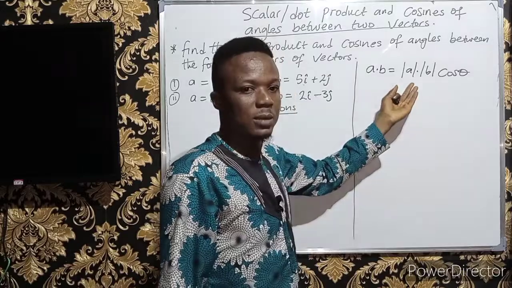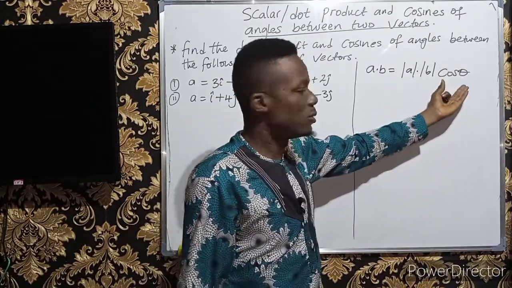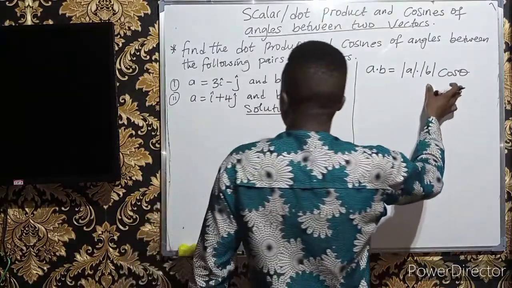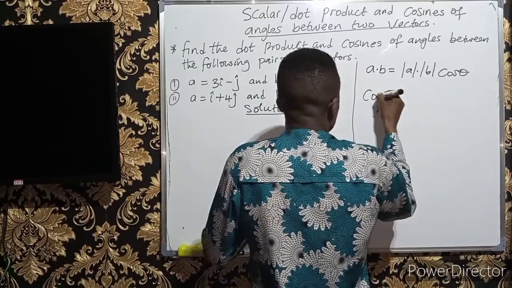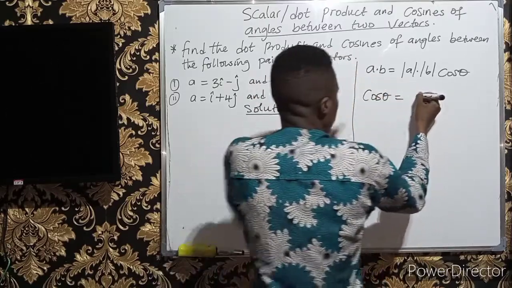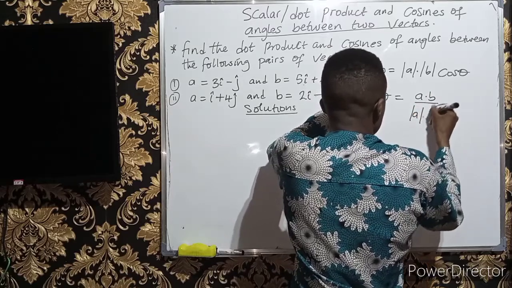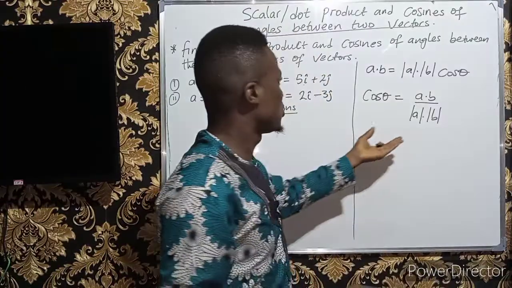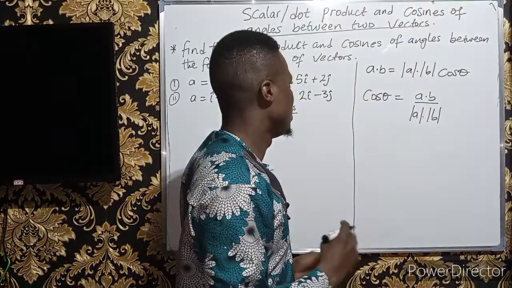Hence, if I want to make the cosine of angle subject of the formula, I can now write that cos theta equals A dot B all over modulus of A times modulus of B. So this is how to get the cosine of angles between the two vectors, say A and B.